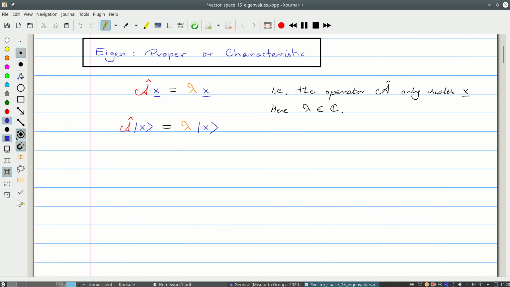In matrix form, this would take the form: the matrix A operating on the vector x is equal to lambda, the scalar, times the vector x. Just to remind you, you get the matrix-vector form on the introduction of a basis.